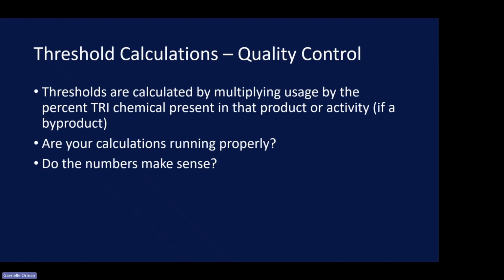Which leads into, do the numbers make sense? If you're expecting 0.4 pounds of chromium and you're calculating 52 pounds of chromium, that's a big enough difference to make you go, that's odd. That doesn't quite make sense. Or if you're expecting 20,000 pounds and you're calculating 10 pounds, maybe you're missing a density somewhere, or you're missing a usage value.